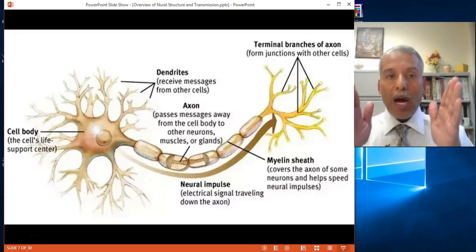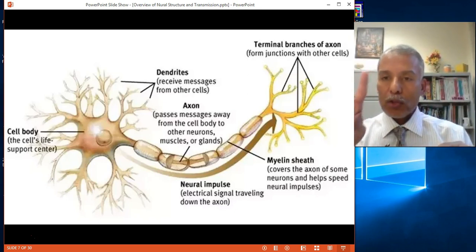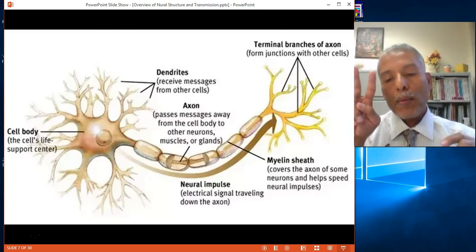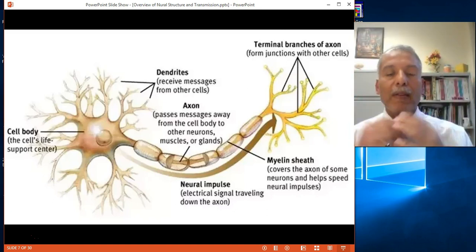Dendrites are the only part of a neuron that can receive signals in addition to the cell body itself. So the cell body and dendrites are the two single parts of a neuron that can receive signals.